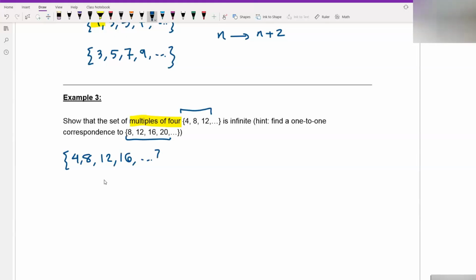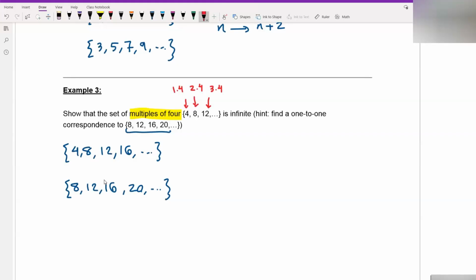You can add more and compare that one with proper subset 8, 12, 16. So this is 1 times 4, 2 times 4, 3 times 4, 4 times 4, 5 times 4. So we multiply natural numbers by 4 to find this set.